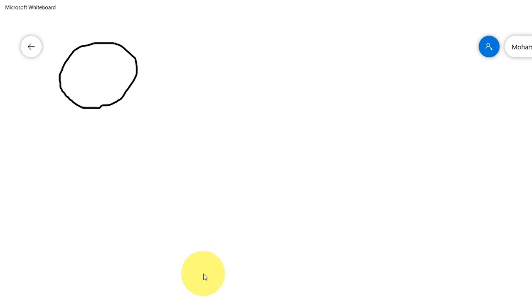Here I'm going to consider the diameter of the circle to be 14 centimeter. Diameter is equal to 2 into radius. So in this case my radius is half of the diameter, that means 7.